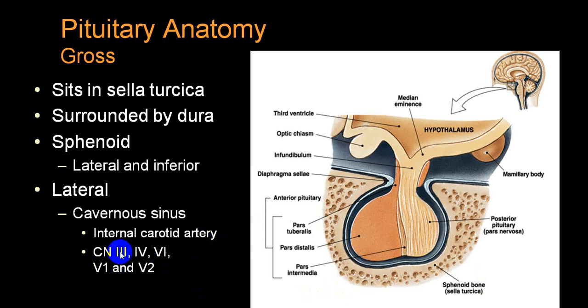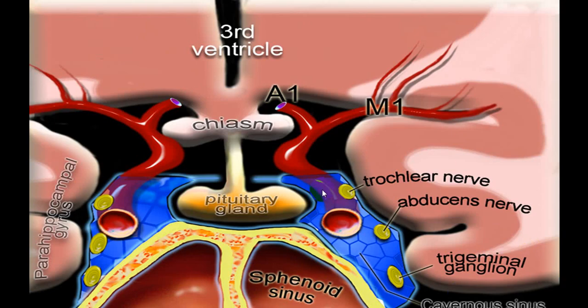The third, fourth, and sixth cranial nerves are present here. The third cranial nerve is also present. So you will have damage to those nerves if there is any pathophysiology like tumors of the pituitary gland, which can produce compression and damage to the optic chiasma. And then this is a portion of the hypothalamus. This is the third ventricle. This is a portion of the hypothalamus.